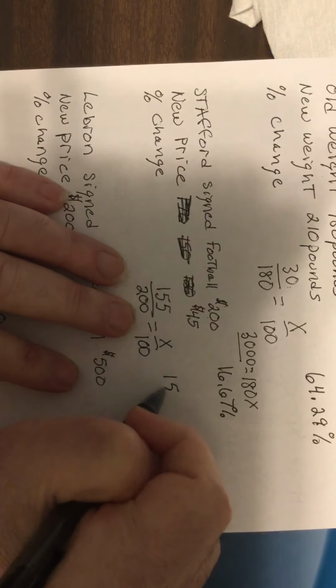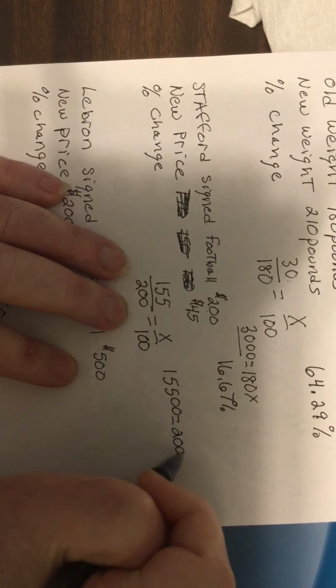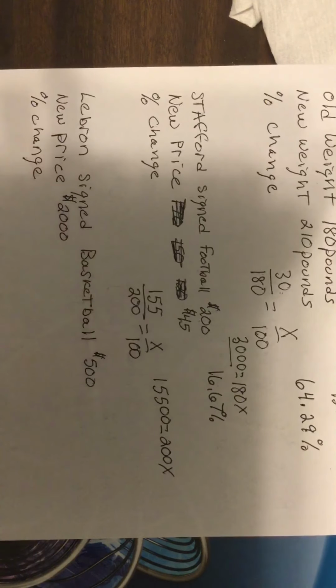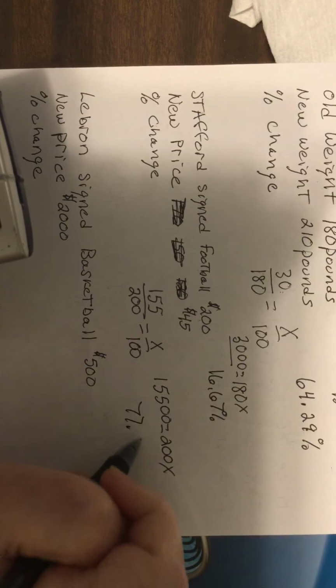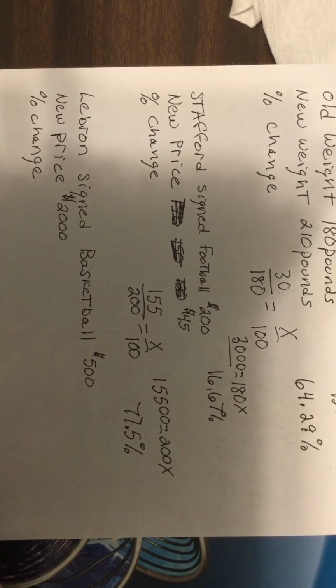So it'd be 15500 equals 200x. Just cross multiplied our proportion. So 15500 divided by 200. How much did they slash this? 77.5%. Wow. And I have a feeling over the next 2 weeks they might be slashing it more.